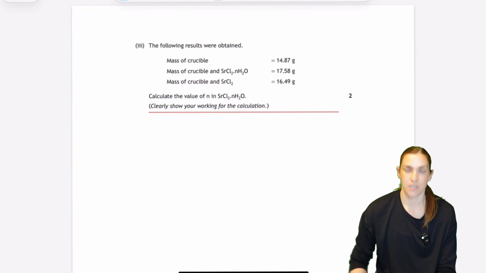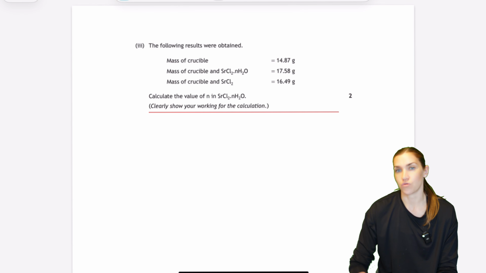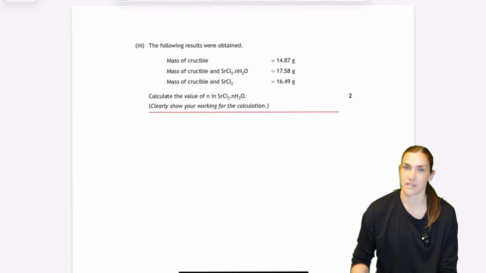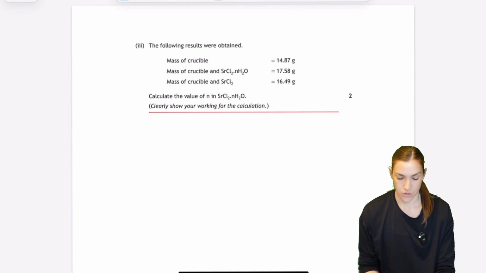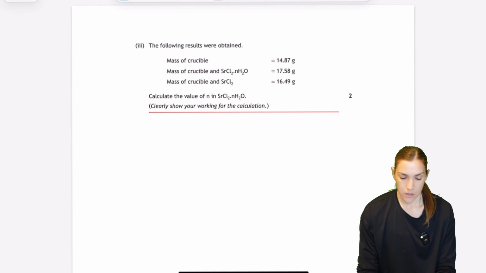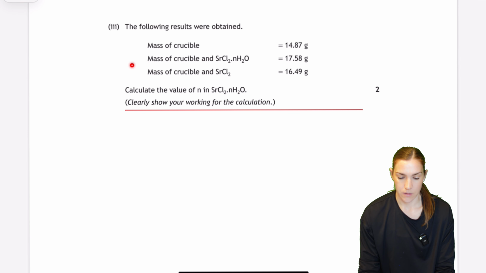And then the last question is essentially the same, but they've given you raw data to process instead of just doing the calculation. So you can see here they've got the masses that they recorded when they did their weighing by difference. So they've got the mass of the empty crucible, then the mass of the crucible plus their hydrated salt, and then the final mass of their crucible and the dehydrated salt.